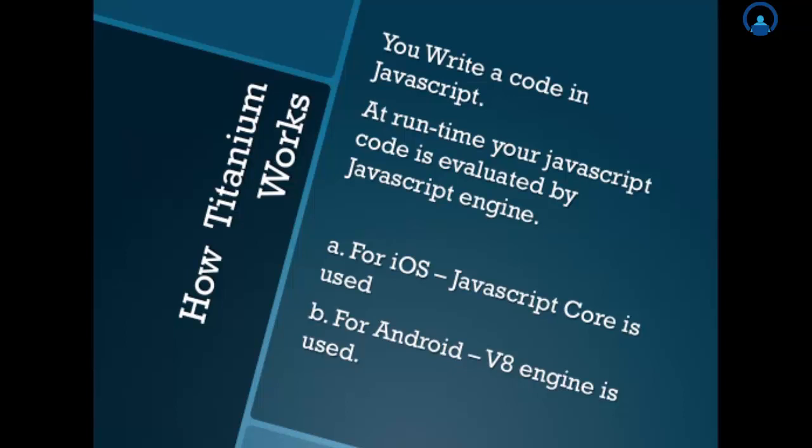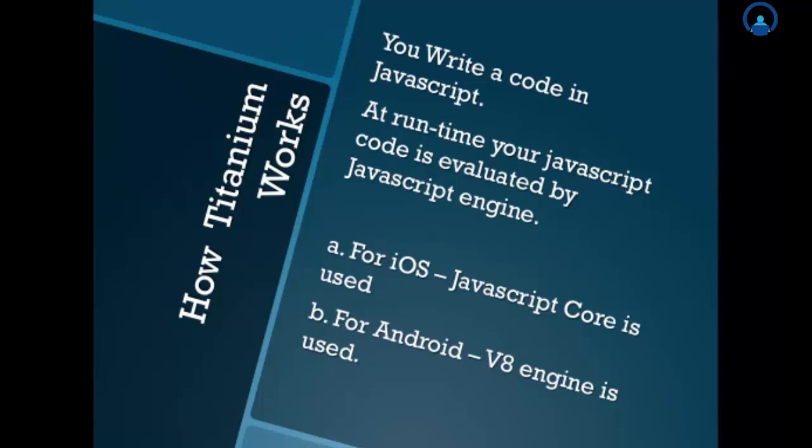So to remove this dependency, Appcelerator Titanium has created a platform which uses the JavaScript language to create mobile applications which are cross-platform. So you can run your mobile applications on iOS, Android, BlackBerry, mobile web, and Windows is their upcoming project.